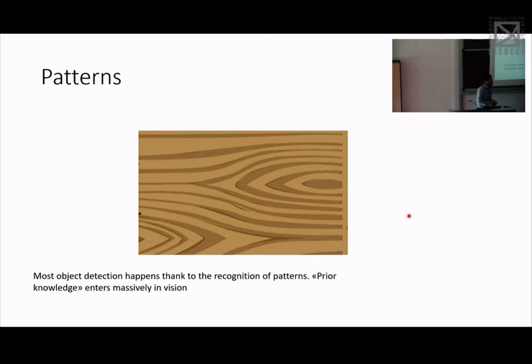This shows you how our brain works, because most object detection happens thanks to the recognition of patterns. This means that the prior knowledge we have, the experience of reality we have, enters massively into vision, into object recognition.